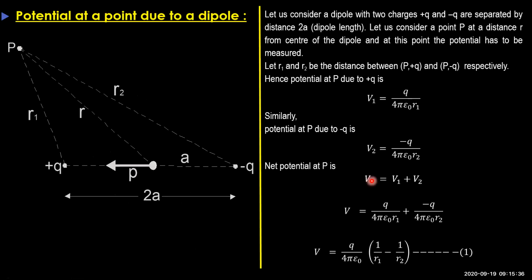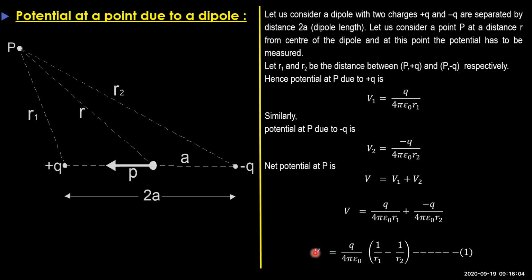Hence, V is equal to V1 plus V2. Now, substitute for V1, which is Q divided by 4 pi epsilon naught R1, and V2, which is minus Q divided by 4 pi epsilon naught R2. The common factor is Q divided by 4 pi epsilon naught, hence we get 1 by R1 minus 1 by R2 in the bracket. Call it equation 1.